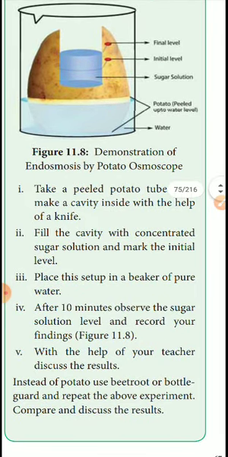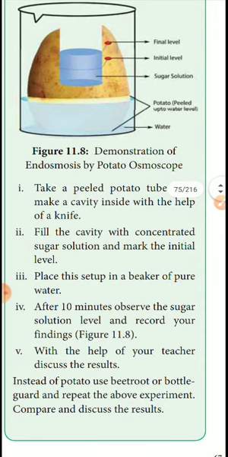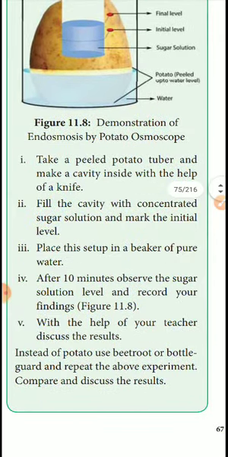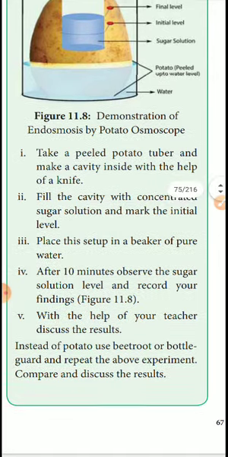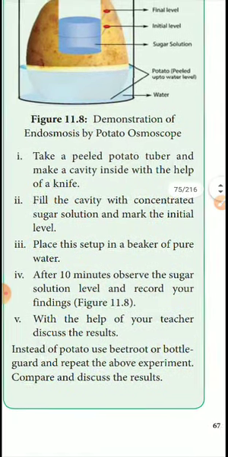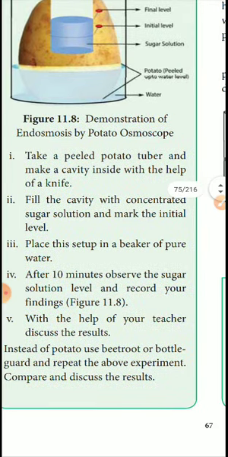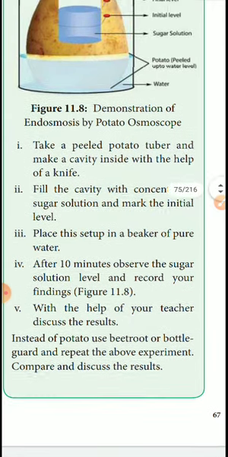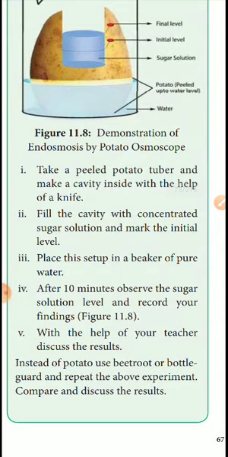For the demonstration, first take a potato. Then peel the potato and cut it to this shape with the use of a knife. Fill the cavity with concentrated sugar solution and mark the initial level. Then place the setup in a beaker of pure water. After 10 minutes, observe the sugar solution level and record your findings. We can discuss the result with the help of your teacher, and we can do it in our laboratory.